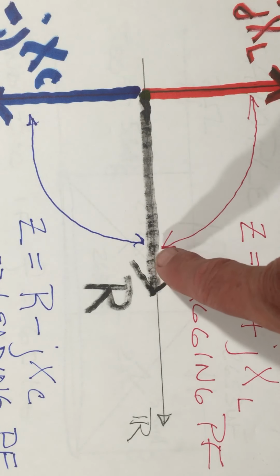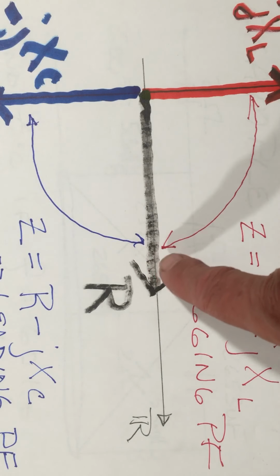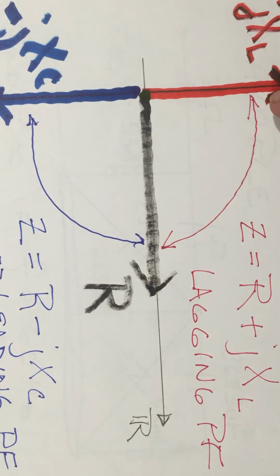Anyway, you have an R, and you can go from slightly more than 0 degrees all the way to slightly less than plus 90 degrees, and you'll have an impedance network of R plus jXL. And we call this a lagging network, and I will get more into that in the next lecture.